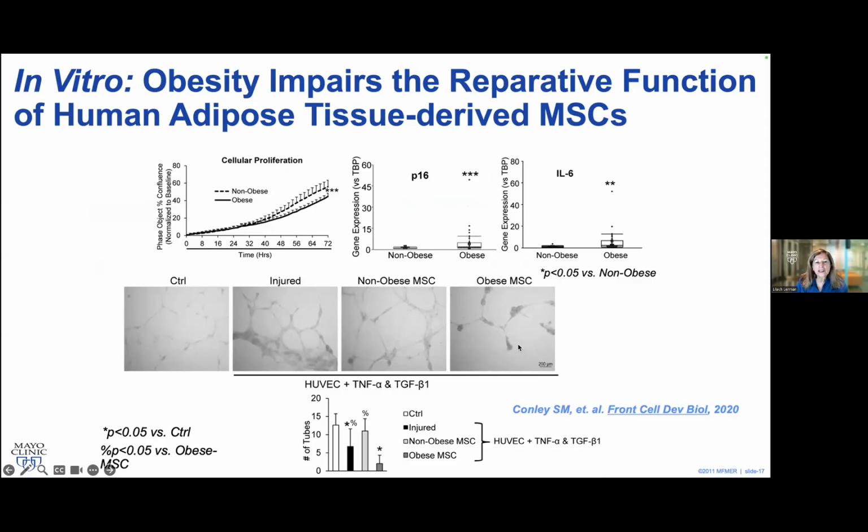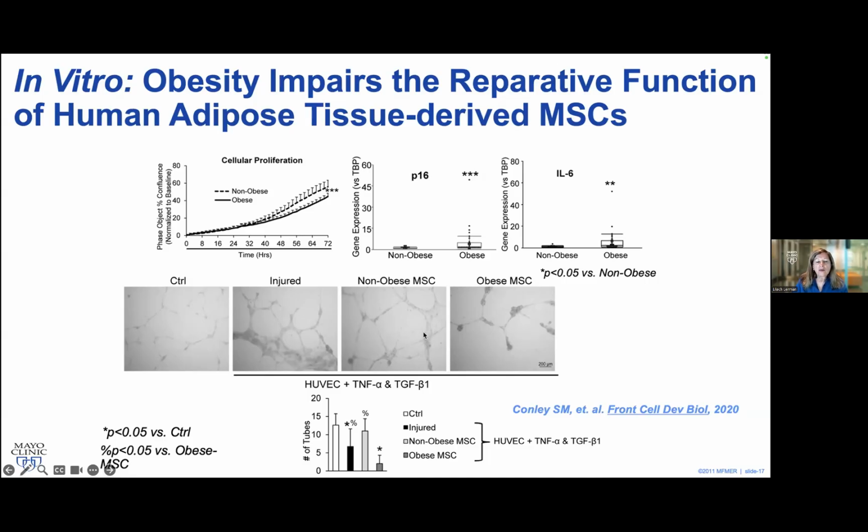In the bottom, you can see that this is also associated with impairment of reparative function as they affect other cells. Here we incubated MSCs with HUVECs. Normally, HUVECs induce vascular formation or tube formation in the Matrigel assay, but when the HUVECs are injured, there is a decrease in the function and angiogenesis potential of those cells.